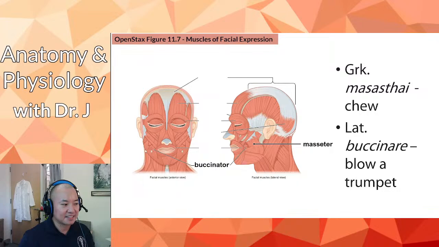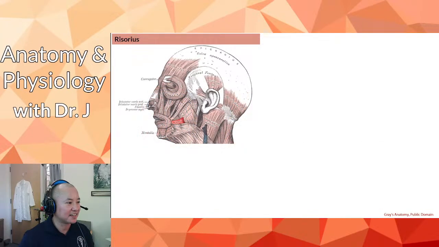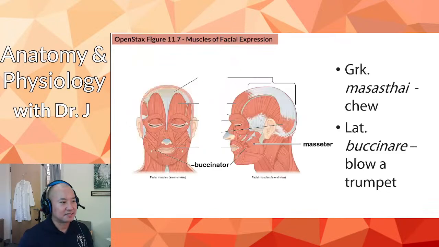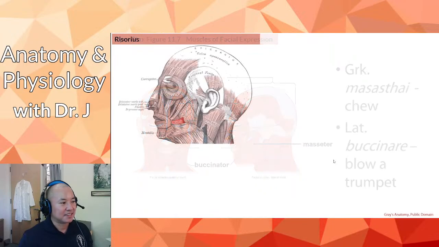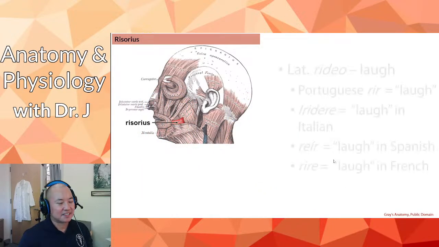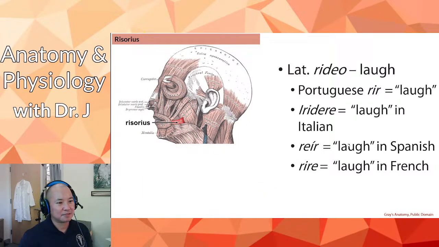All right, then there's also another muscle called the risorius. I don't think I quite see this in the OpenStax version, but I'm showing you that it would be here on the side, at the angles of your mouth. So massethai means chew, masseter is chewing muscle, buccinator is blow a trumpet. Now risorius is interesting because I don't think there's a real equivalent in English, or there could be, but I don't know it.